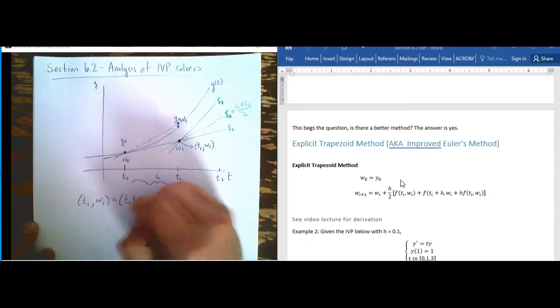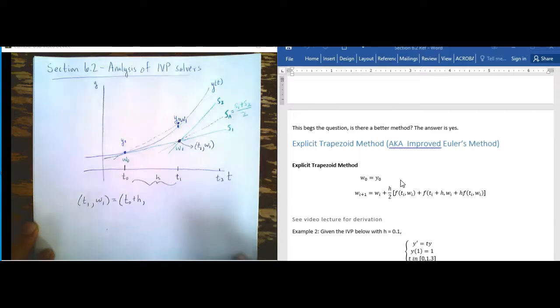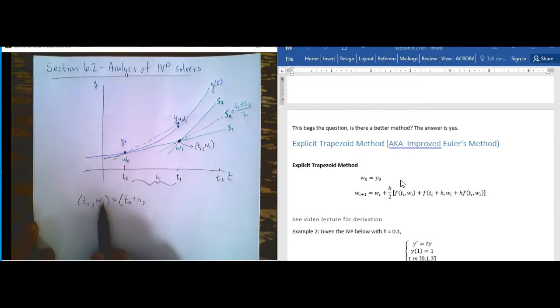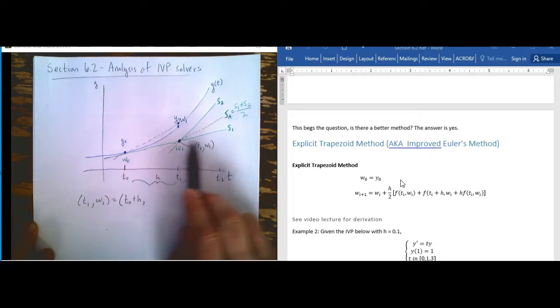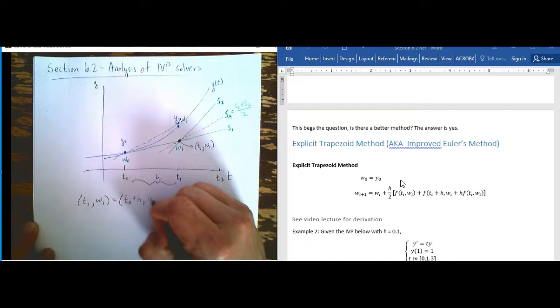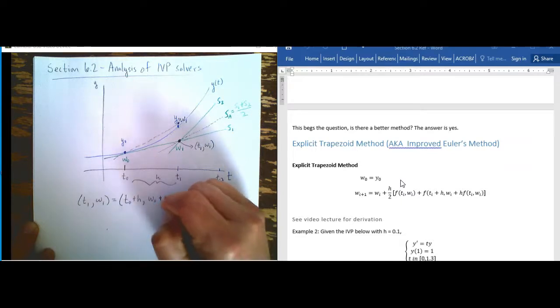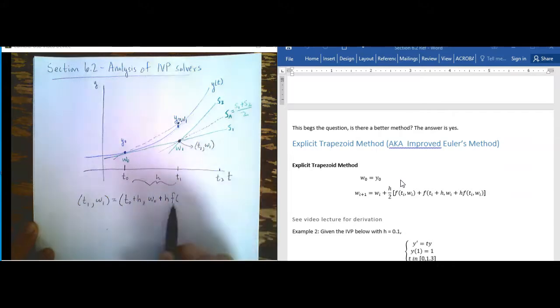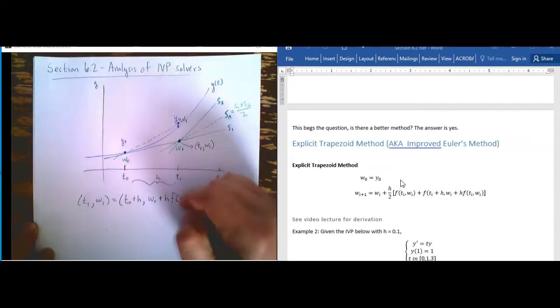And W1 was found from doing Euler's method, and recall Euler's method: W1 was equivalent to W0 plus h times f, remember, f is our derivative at T naught, W0.